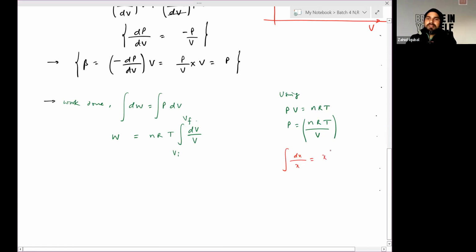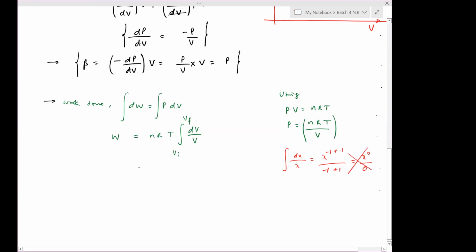Is it like x to the power -1 plus 1, whole divided by -1 plus 1, or something else? It will give you x to the power 0 divided by 0, so it can't be possible. So the integration of dx over x is ln x. Good.